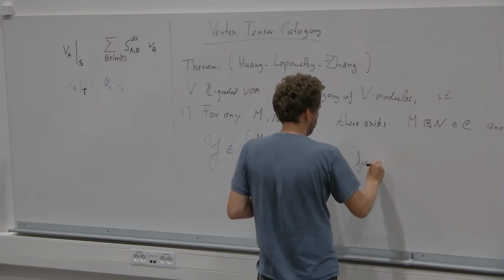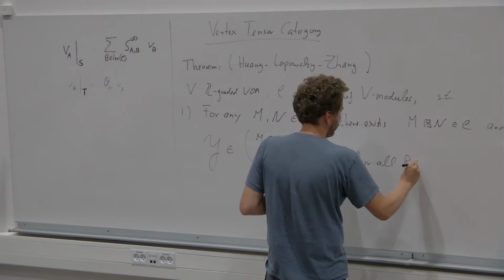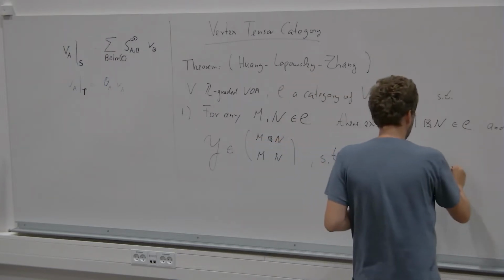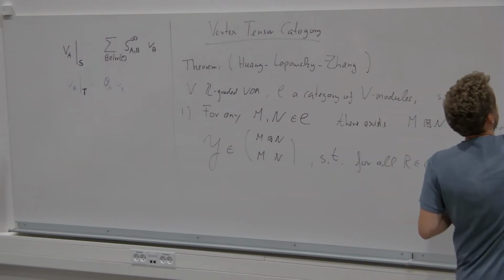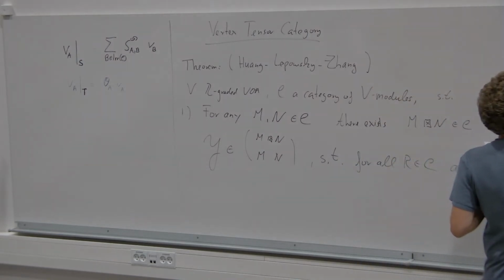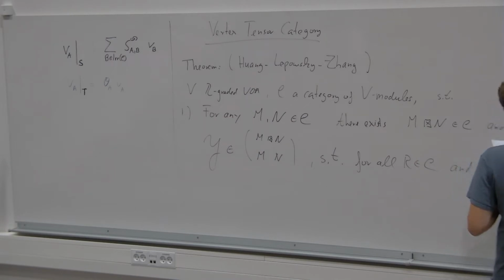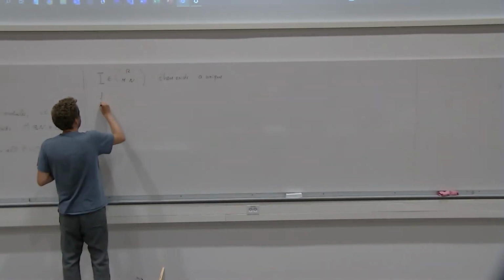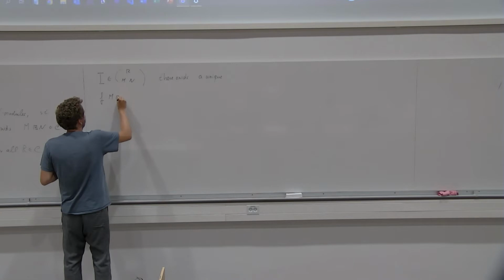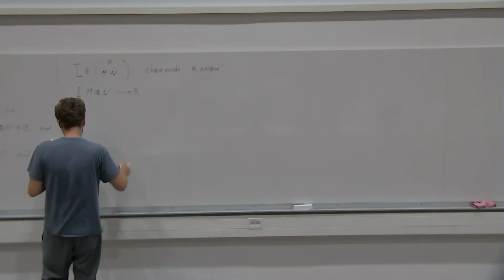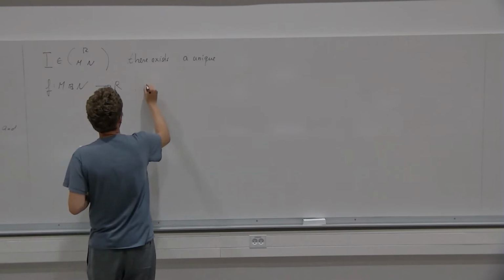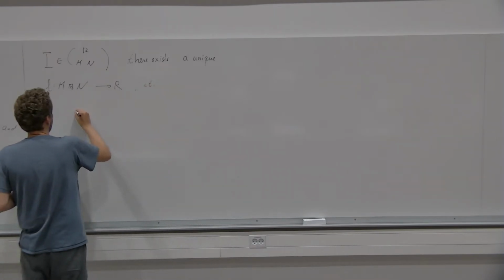This means for any other object and corresponding intertwining operator of this type, we have a morphism of VOA modules to R, such that the diagram that you can write down commutes.